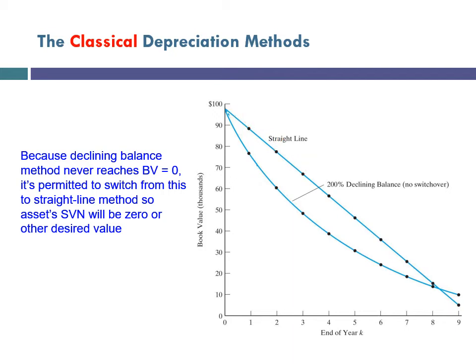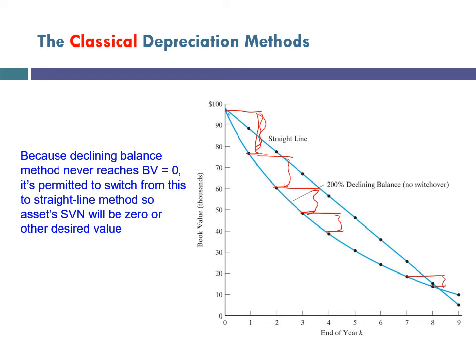But in declining balance, the depreciation amount in the first year is larger than the depreciation amount in the second year, and larger than the depreciation in the third year, and larger than the depreciation in the next year. You see, the amount of depreciation reduces each year.